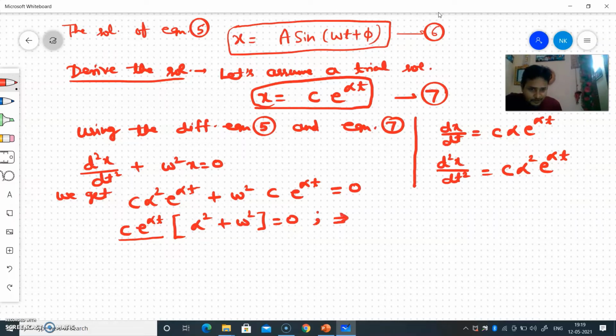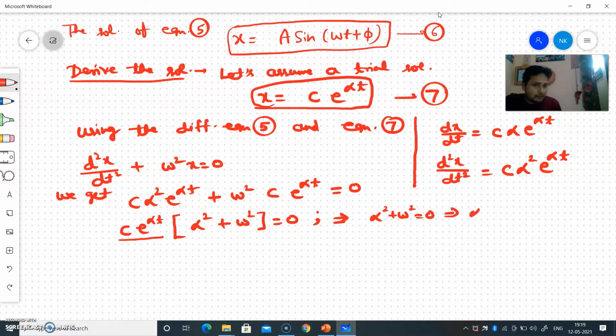It means the quantity that is 0 is this one. As we know, when the product of two quantities is 0, one of them is 0. So this can't be 0, as x equal to 0 will be a trivial solution. So only this will be 0: alpha square plus omega square is equal to 0.